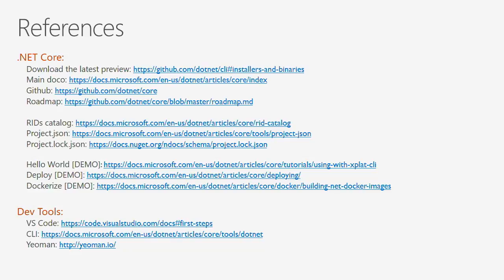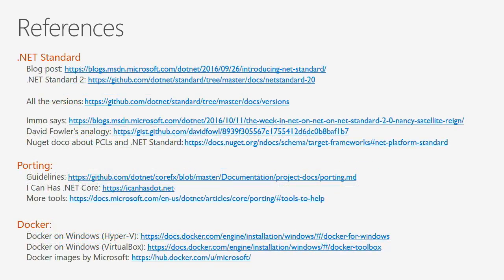But I think they will publish the slides, so don't worry. And information about the .NET Standard Library, recommendations if you want to port your apps to .NET Core or ASP.NET Core, and how to set up Docker on your machine.